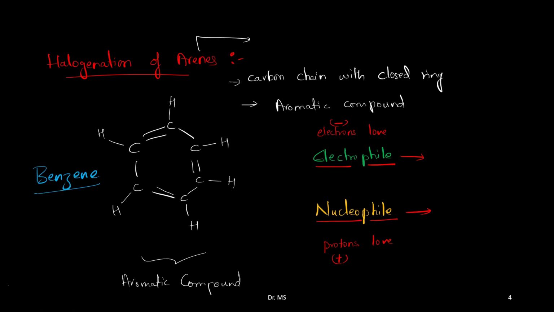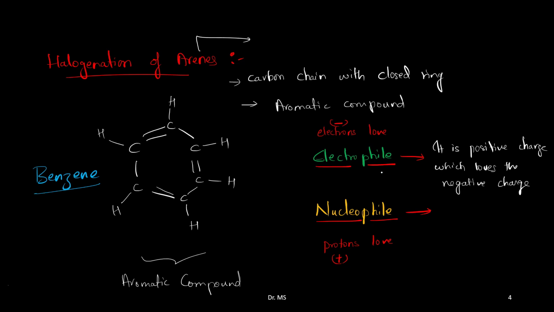For example, take a person that loves a girl. Will you say that person is a boy or a girl? Obviously the opposite, right? The same way, if it is loving the electron, the negative charge, that means in turn it contains the opposite charge, the positive charge. It is a positive charge which loves the negative charge.